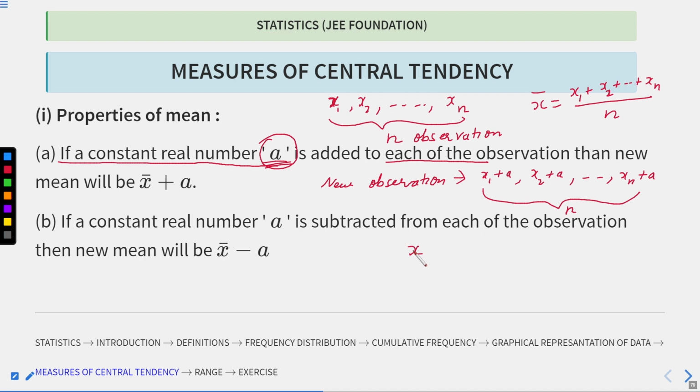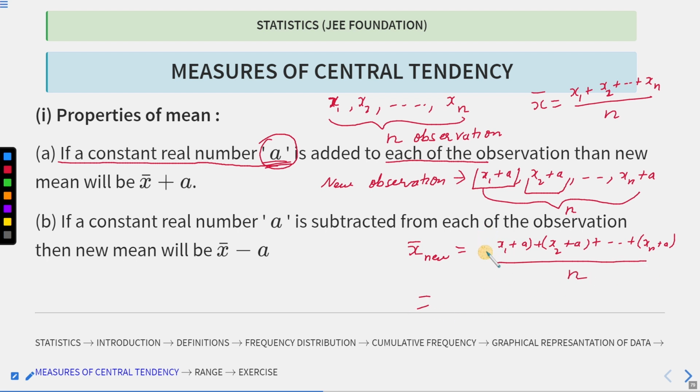So my new mean will be the sum of all the new observations, x1 plus a, x2 plus a till xn plus a, divided by n.